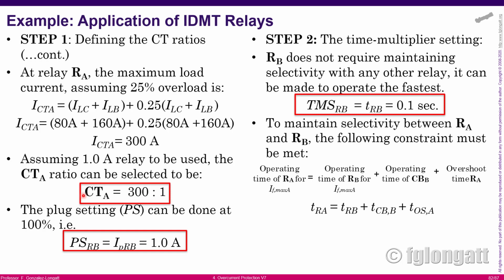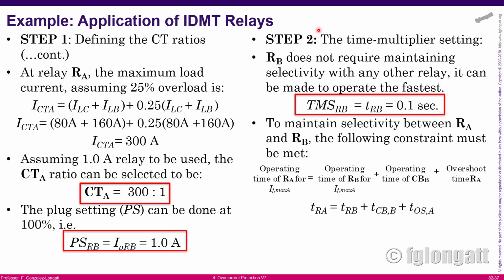Now again we are using 1 amp, so we will define the plug setting for relay A. In this case, we will define the setting for relay A as 1 amp, okay?